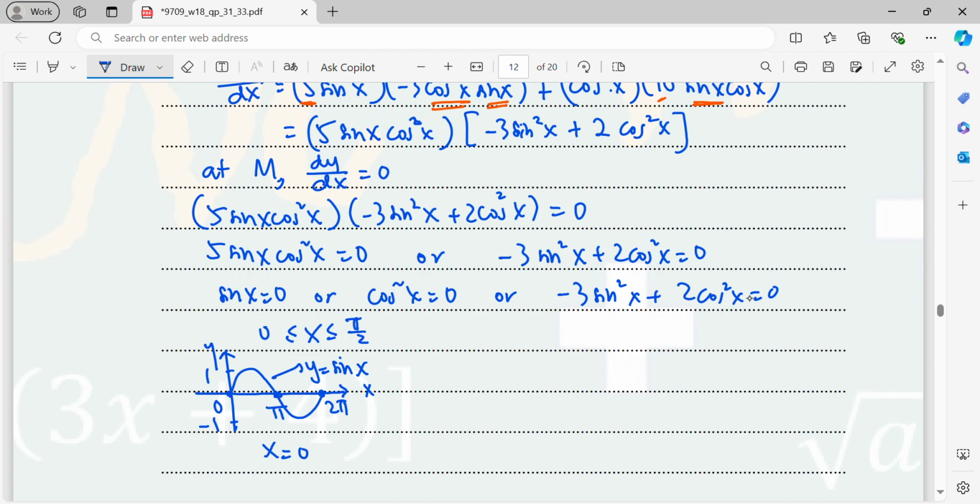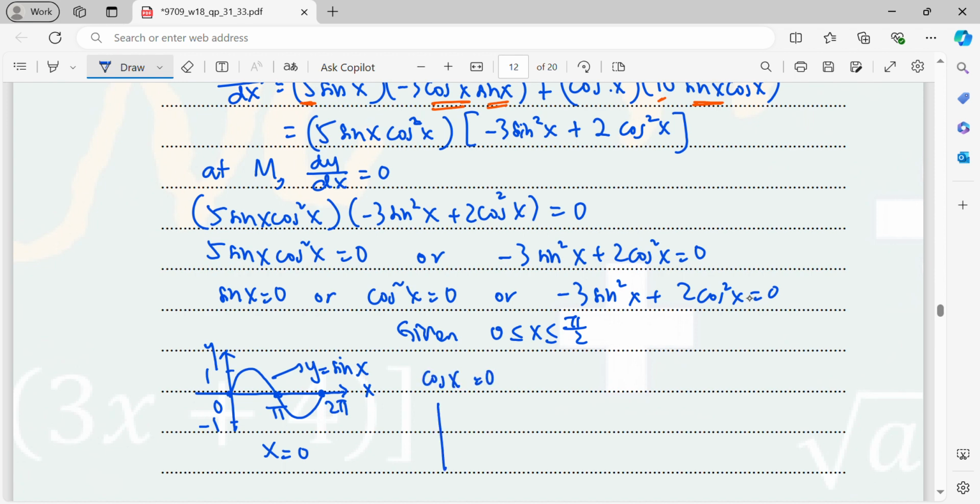When cos²x equals 0, that means cos x equals 0.